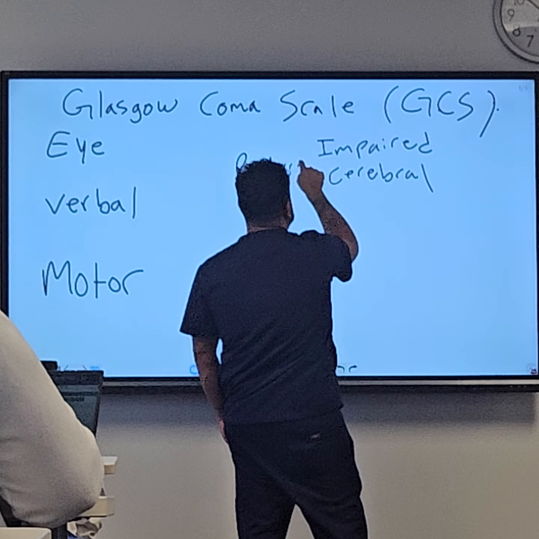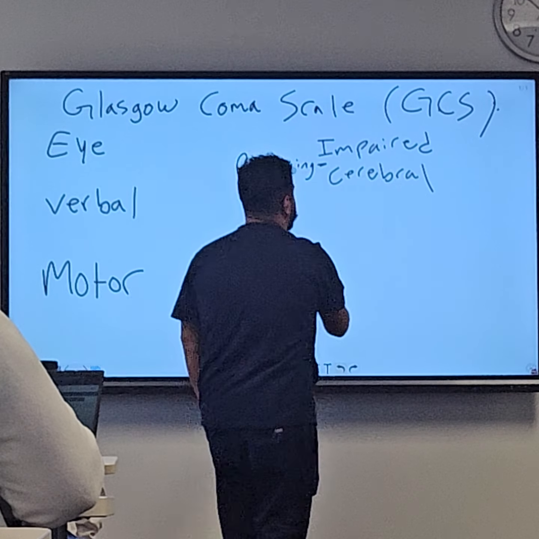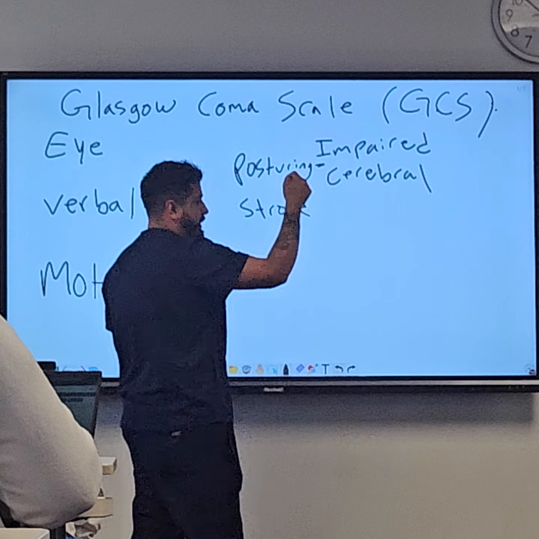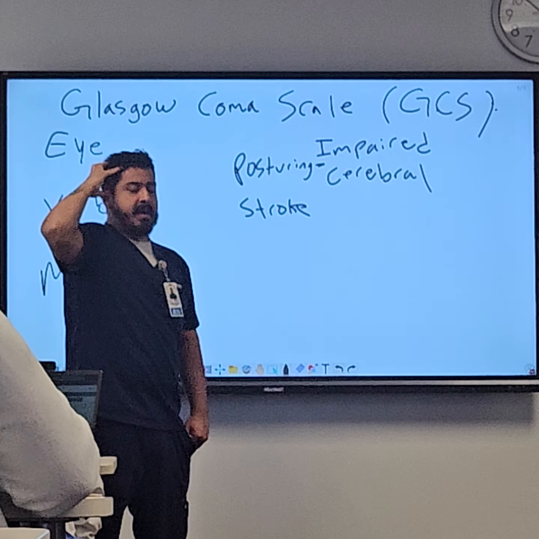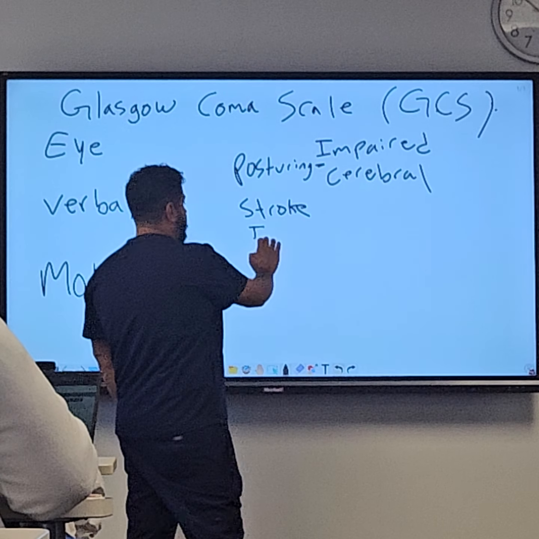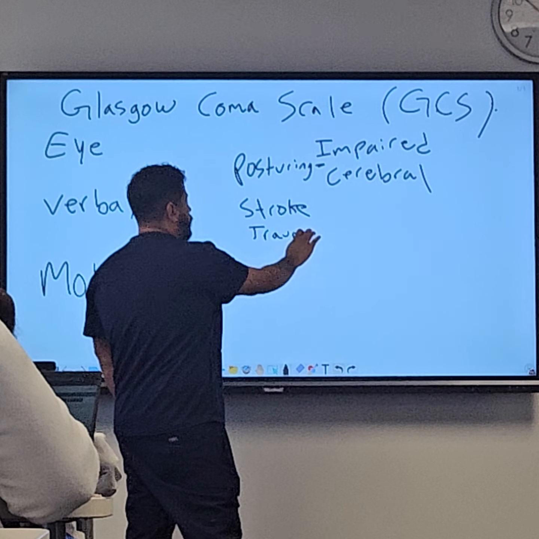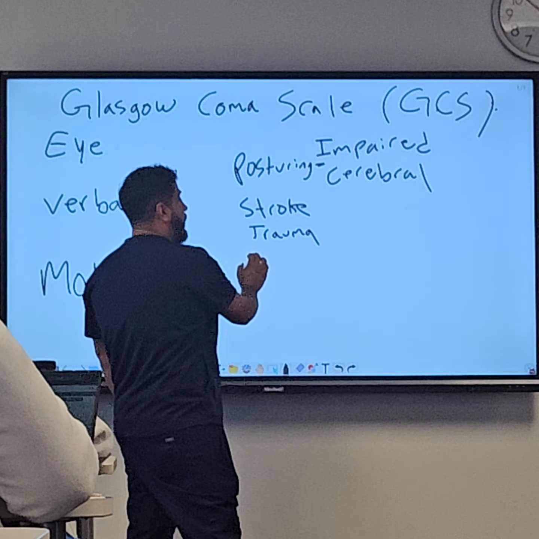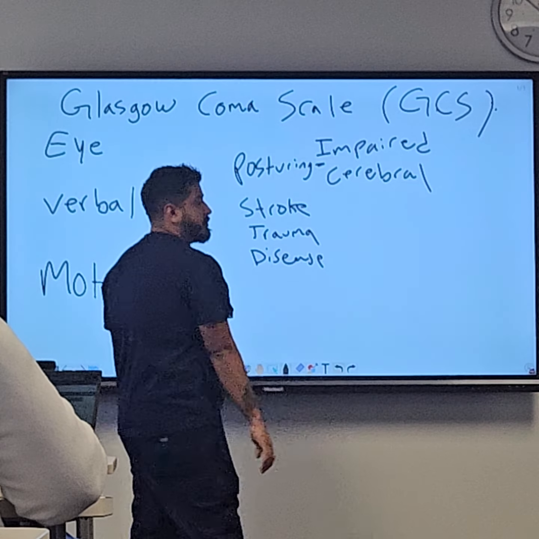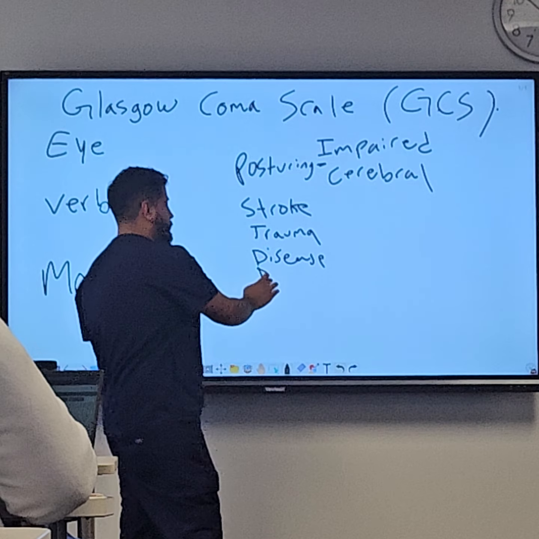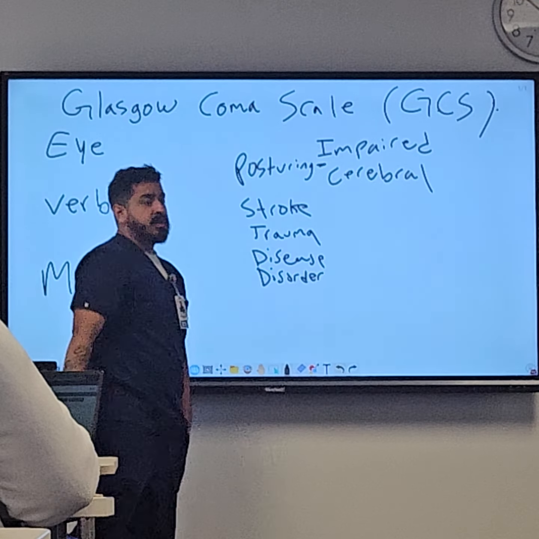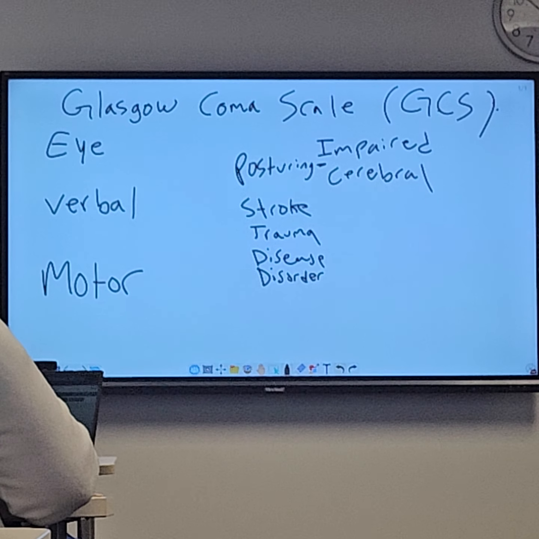Now this can happen from stroke, because in stroke what's happening? No blood flow, so that part of the brain begins to die. But this can also happen from trauma, and also from diseases and disorders, where you have disorders that eat away at your nerves. Okay?